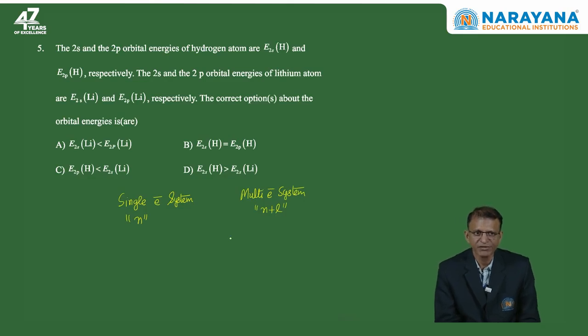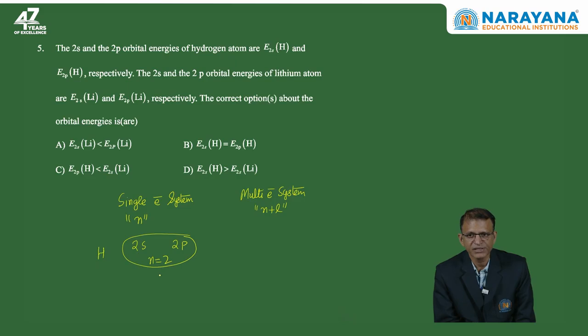So for a hydrogen atom, if I am talking about 2s and 2p, the value of n is 2. So if the principal quantum number is the same, the energy will be the same, right? So we can say that the energy of 2s for hydrogen is equal to the energy of 2p for hydrogen atom, right? So option B seems to be correct.